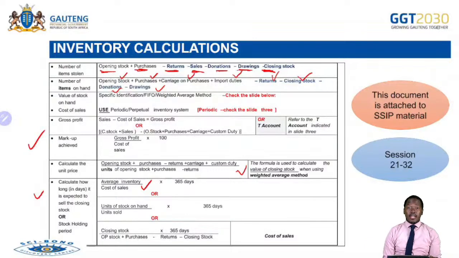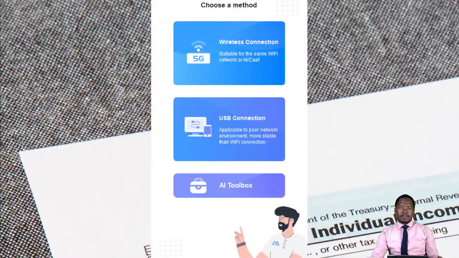What is average stock, grade 12? Opening stock plus closing stock, divide by 2. That is average. Then cost of sales, we've already learned above how to calculate our cost of sales. Right, grade 12s will now move on.